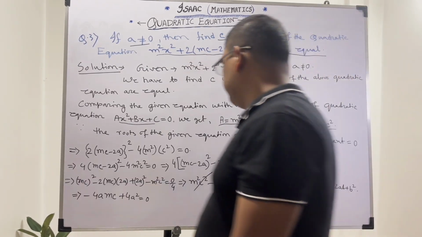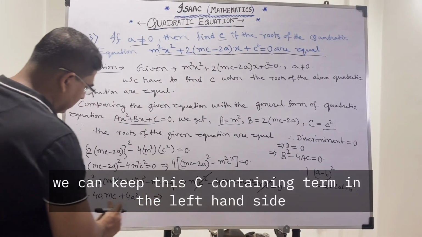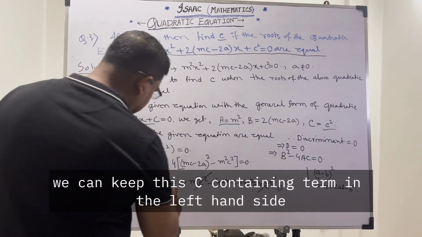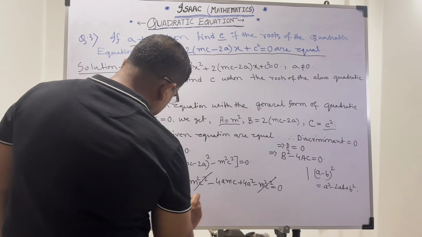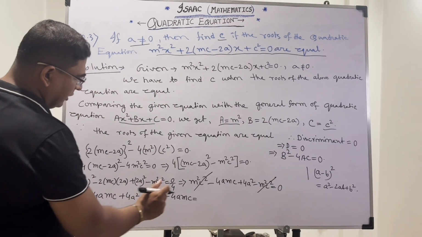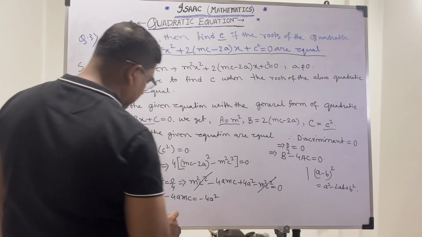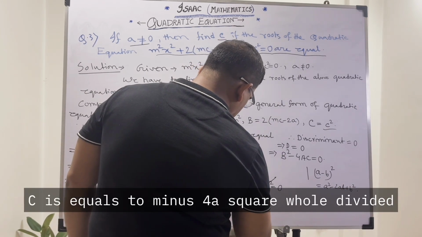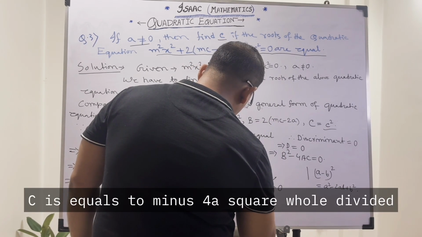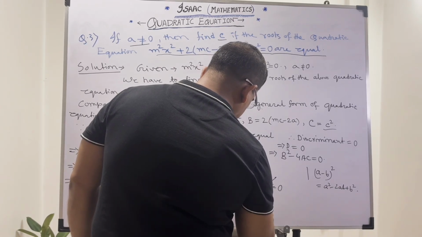Here we have to find the value of c. That is why we can keep this c containing term in the left hand side, and in the right hand side there will be minus 4a square. So c is equals to minus 4a square divided by minus 4a into m.